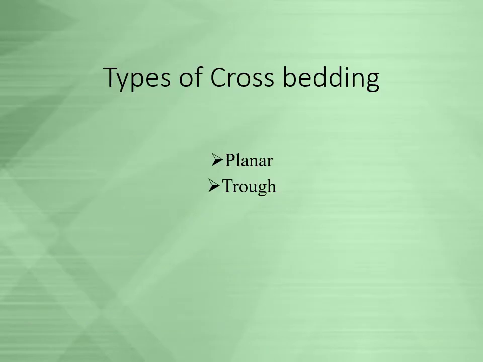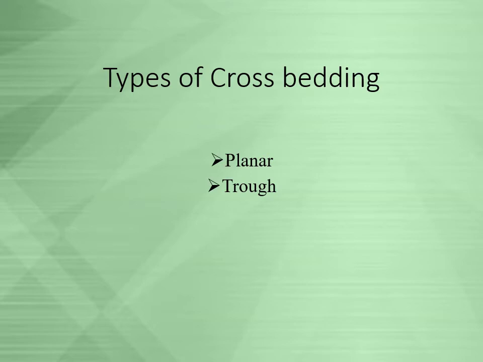Now, if I try to classify crossbeds, then what are the different types of crossbeds? They can be classified into two groups. The first one is planar, where the bounding surfaces, that is the top and bottom bounding surfaces, are both planar.